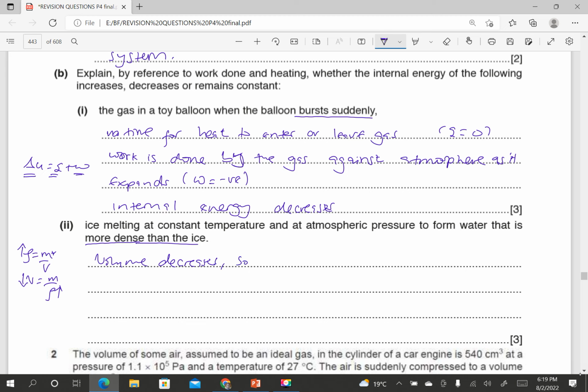And if the volume decreases, work is done on the ice. Heat is also needed to break the bonds. That means potential energy increases. So thermal energy is needed to break the bonds.